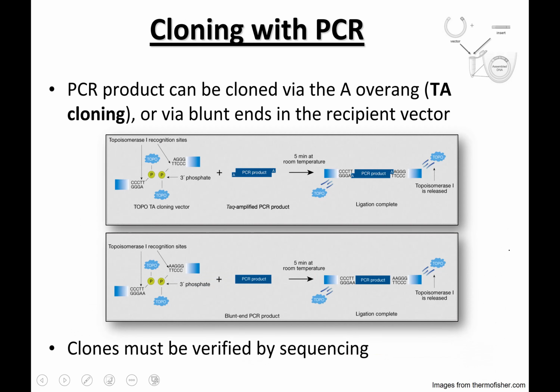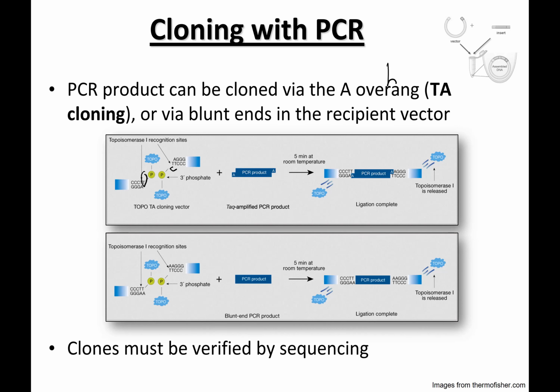As I said before, if you use a low fidelity DNA polymerase, like Taq DNA polymerase, you end up with these adenine over N. Sorry, there's an H here, I forgot, which could be used with some commercially available plasmids that already have this thymine over N. This will help with the cloning itself.